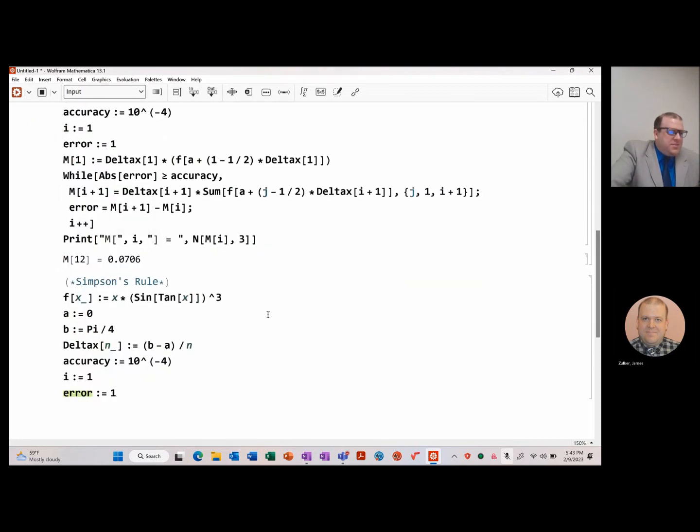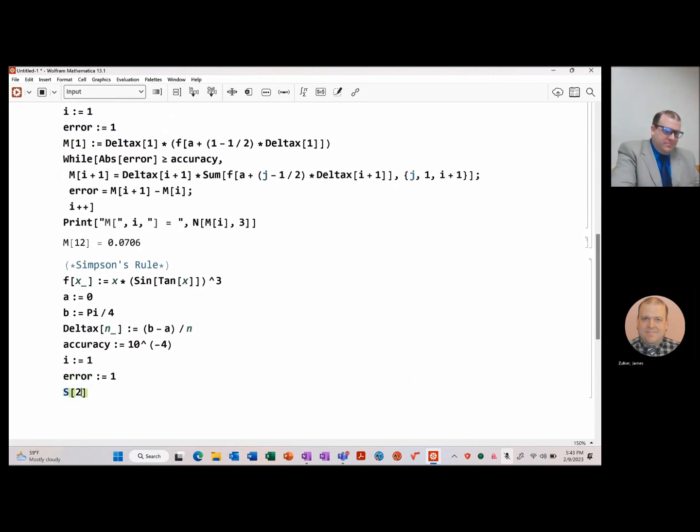So let's just copy and paste. Now remember with Simpson's rule, N has to be even. So we're not calculating S1 first, we're calculating S2.